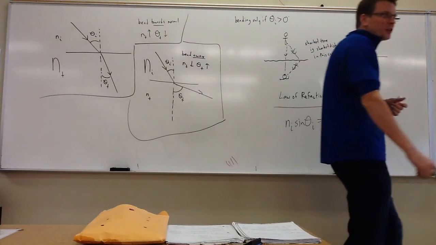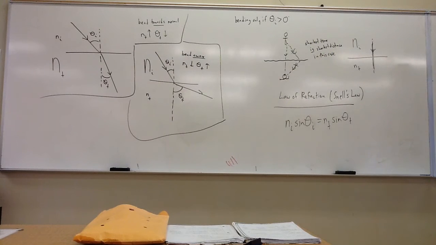Now there are sine functions in here, but the sine functions almost obscure the simplicity of it, because I want to point out that the range of angles we can have here is 0 to 90. You can make an angle with respect to the normal that's 0 or 90, but it can't go any bigger than that.